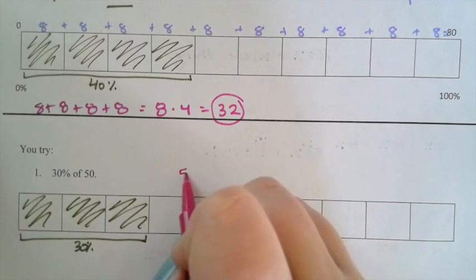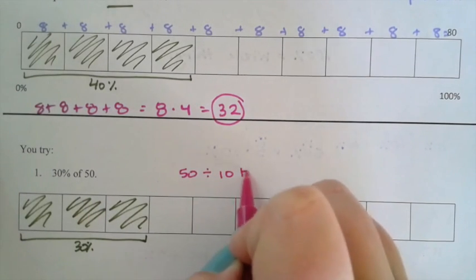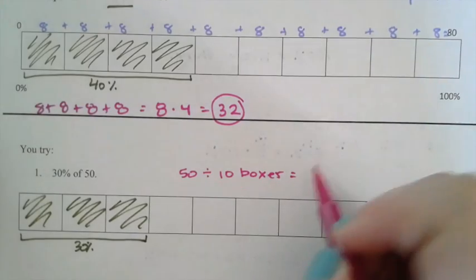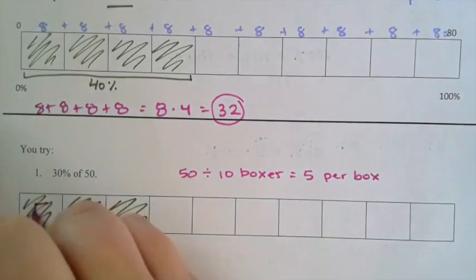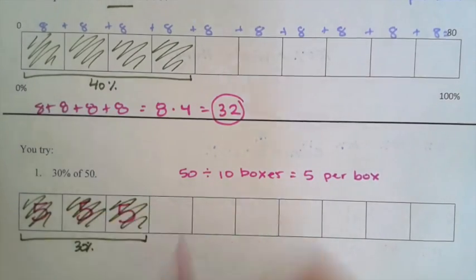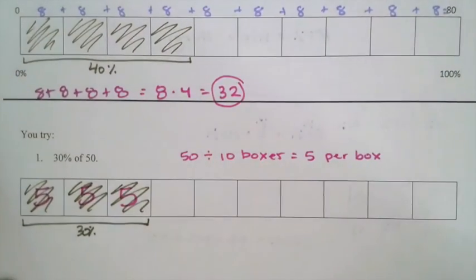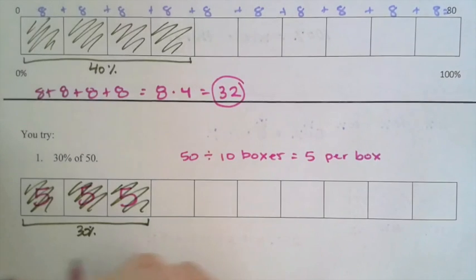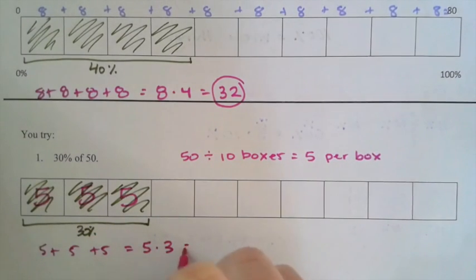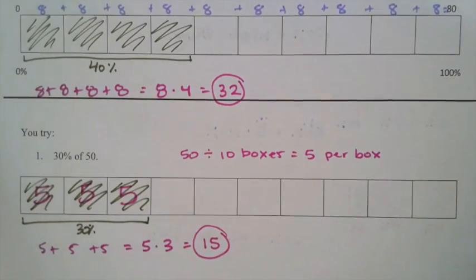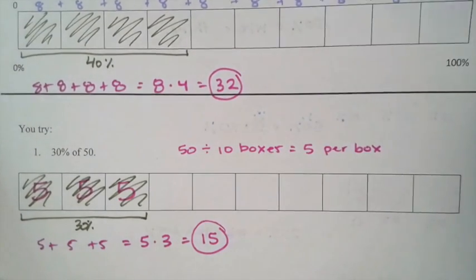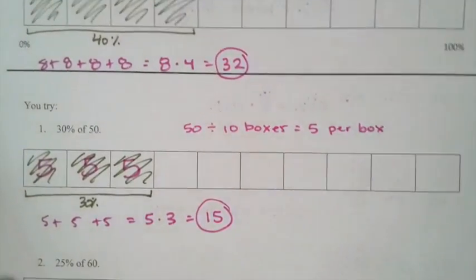So I have to do 50 divided by 10. What does that equal? 5. Thank you, Abby. So each box is worth 5. So I have 5 and 5 and 5. I can do 5 plus 5 plus 5, or I could just do 5 times 3. That's 15. So I know that 30% of 50 is 15.